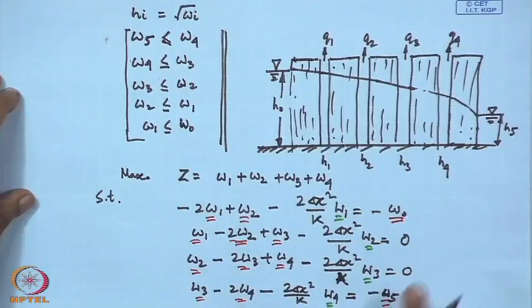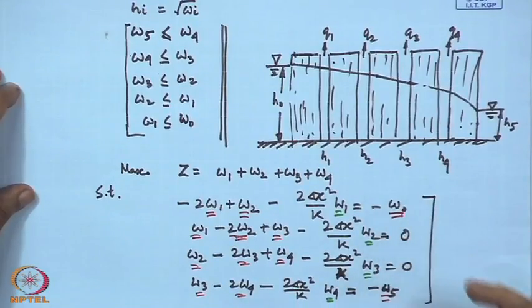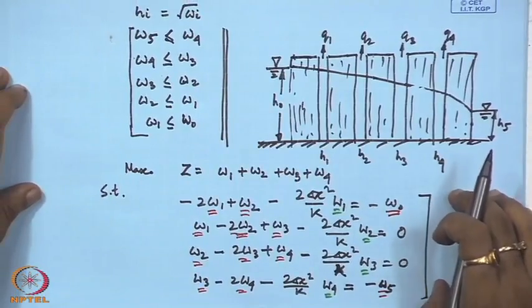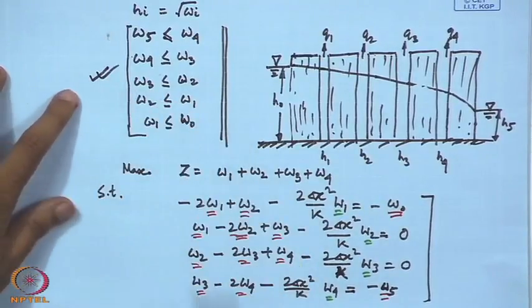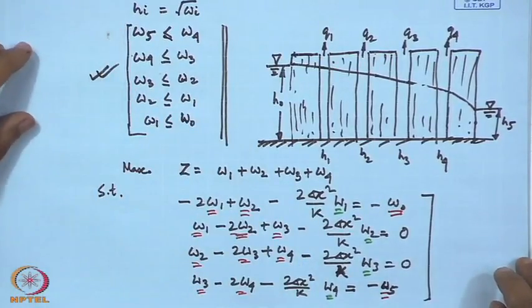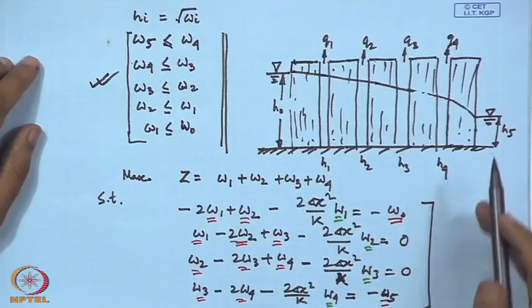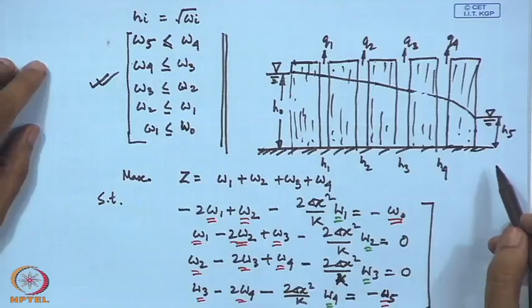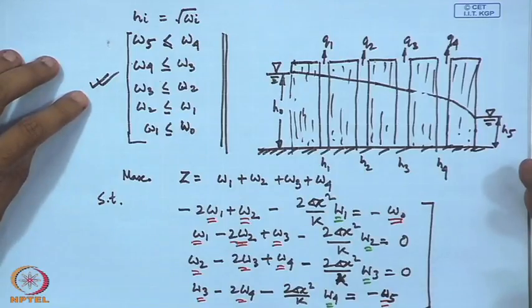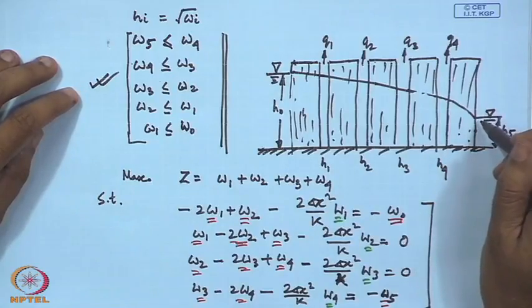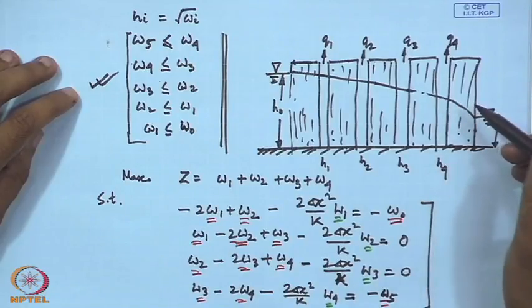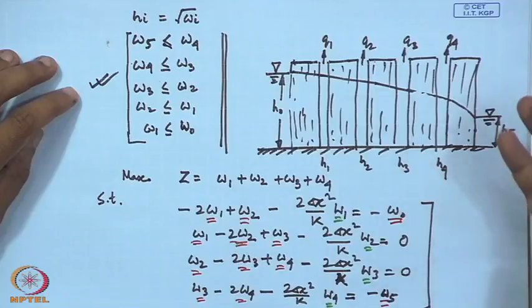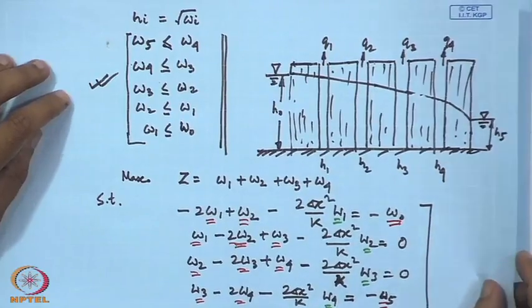Now, this set is the binding constraint, and this particular set which we have already written is valid for the optimization problem that will give a proper result, because any down gradient hydraulic head cannot be greater than compared to an up gradient value.